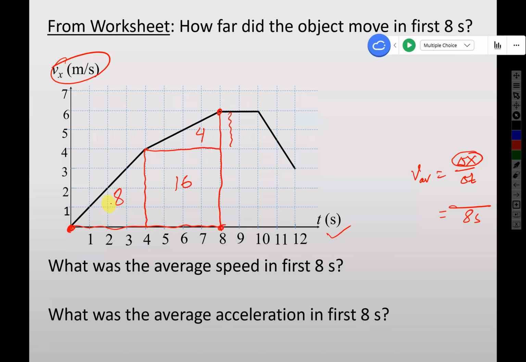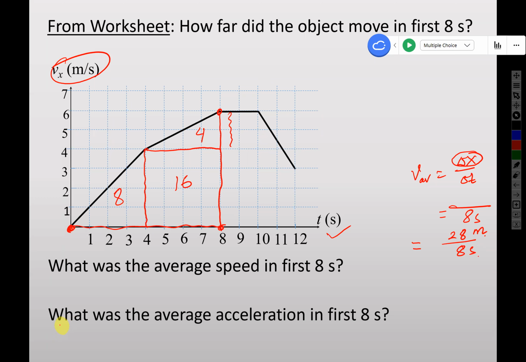Okay, so how much is the total then? 32 over 8 seconds, is that correct? Should be 28. The total would be 28, not 32. Oh yeah, 12 and 16, 28. I forgot how to add. Okay, so see how it works out unit-wise as well. Delta x is meters, so meters over seconds is meters per second. So that's the average speed.